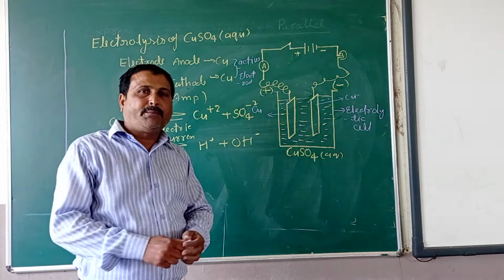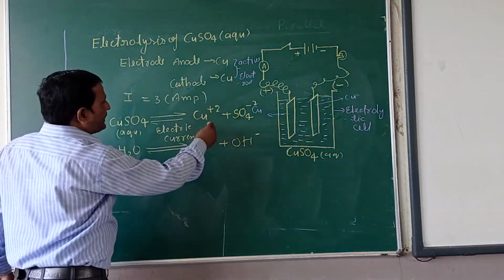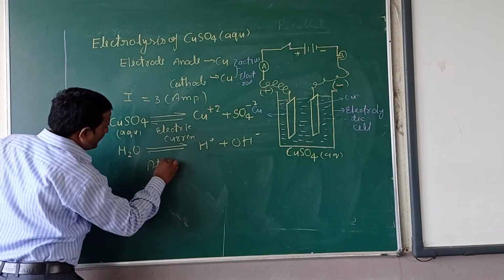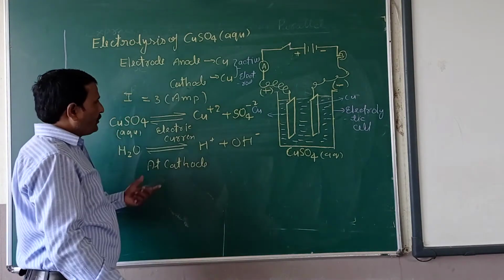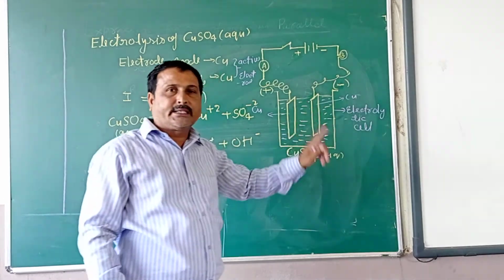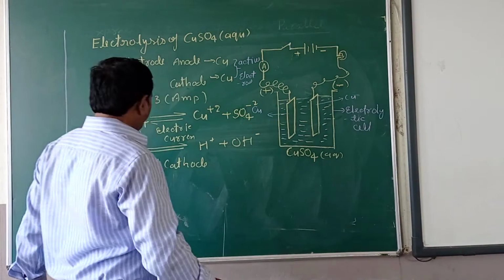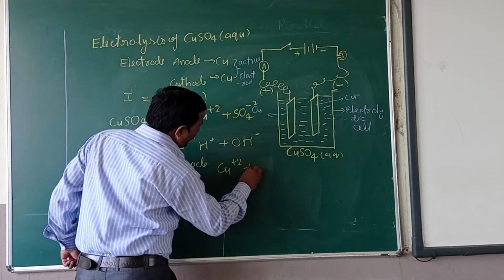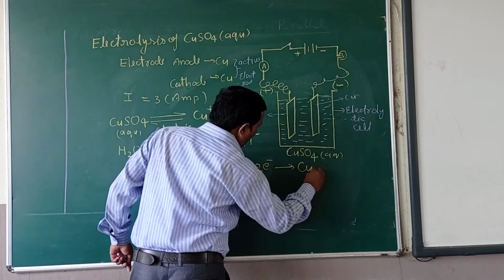On the basis of the electrochemical series, which ion will discharge at the cathode? The cathode means the negative terminal, the electrode connected to the negative terminal of the battery. See, Cu2+ gains 2 electrons and forms Cu, copper metal.